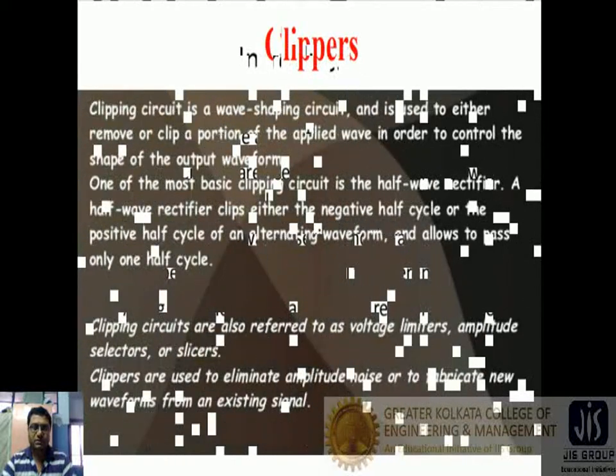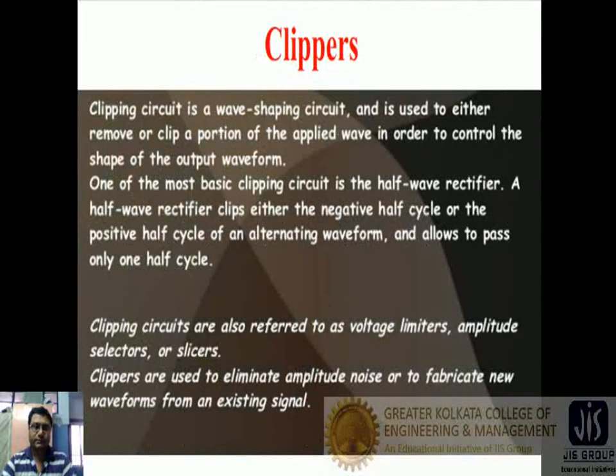First we discuss the clipper circuit. The clipping circuit is a wave shaping circuit and is used to either remove or clip a portion of the applied wave in order to control the shape of the output waveform.